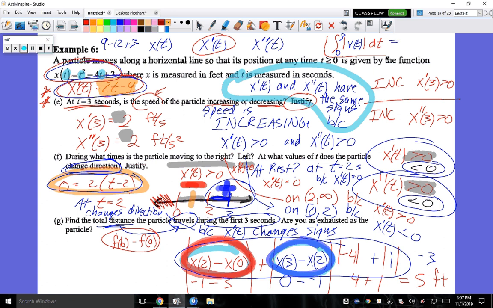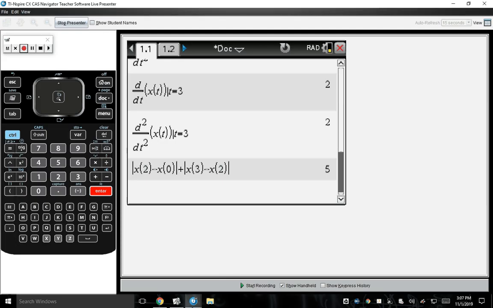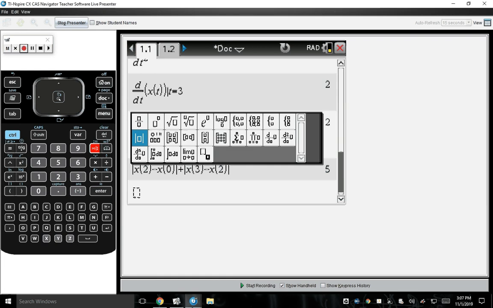Because what this does is it's creating this velocity function, but it's taking the absolute value, so it's interpreting everything as positive. Okay? So if we put this into our calculator, here we go, we're going to say the integral, which we got to press that key next to the number 9, and it's this button right here.